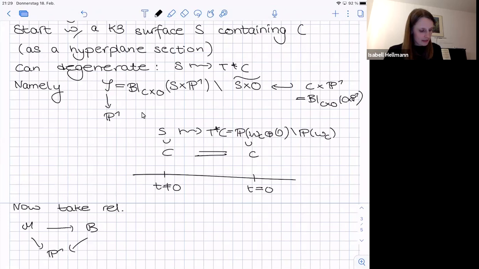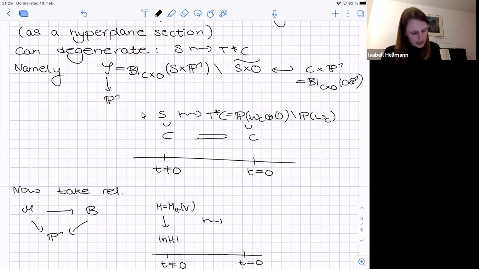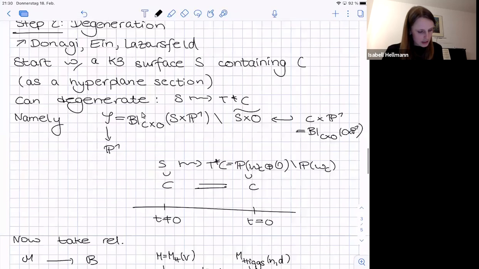So you have my relative moduli space, relative base space, and such that over T non-zero, I see the Mukai system. And over T equals 0, I see the Hitchin system. So I call the base B.